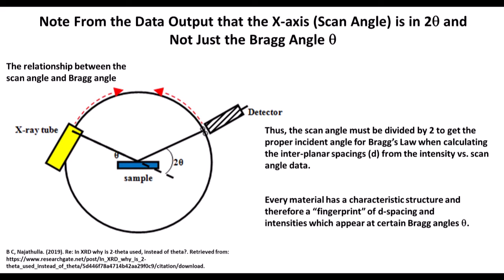It's important to recognize the detector is moving along 2 theta because Bragg's law simply uses theta in the equation. So if we're going to apply Bragg's law, then we need to understand that we have to divide the detector angle of 2 theta by 2 to simply get the Bragg angle theta.